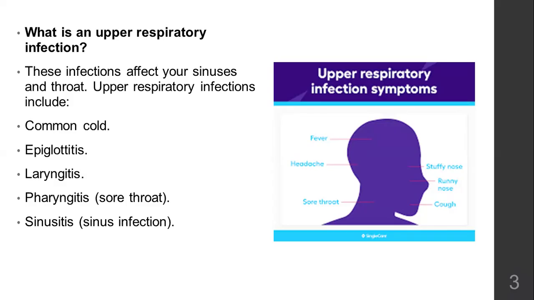Pneumonia and such is when the lower respiratory tract is involved. In common cold, you feel heaviness in your head, under your eyes, and around your eyebrows, along with discharges and a runny nose. These signs and symptoms are quite common in all these conditions.